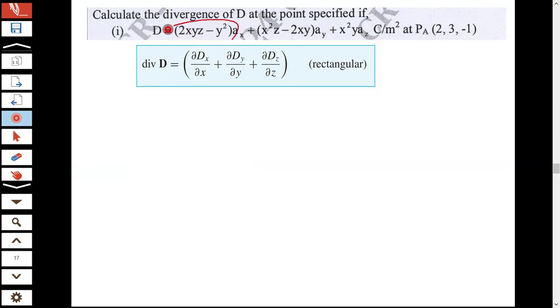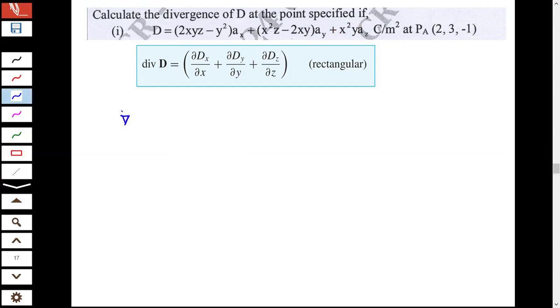Whichever is the coefficient of ax cap will be the x component, and the coefficient of ay cap will be the y component, which should be differentiated with respect to y, and the coefficient of az cap is the z component, and that should be differentiated with respect to z. So let us do it one by one.